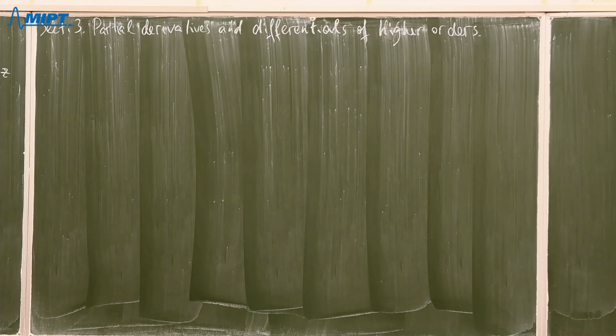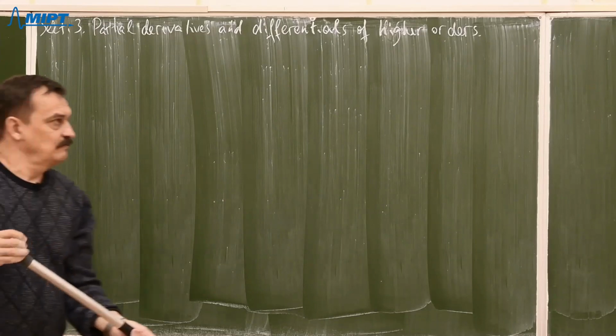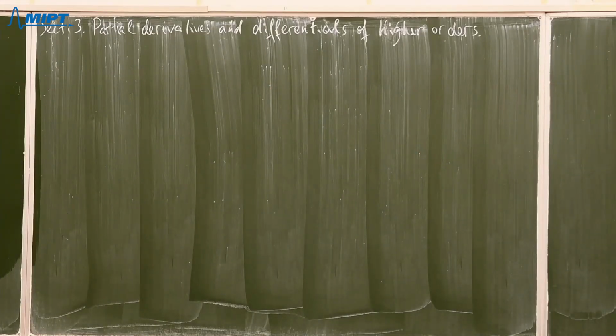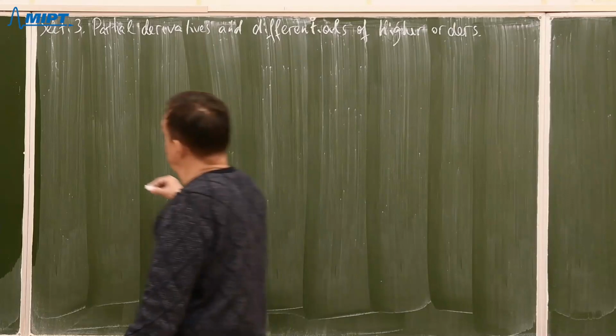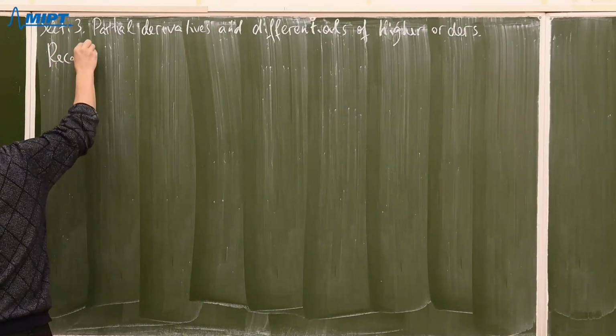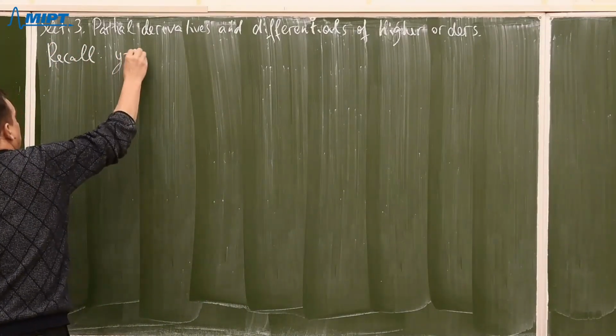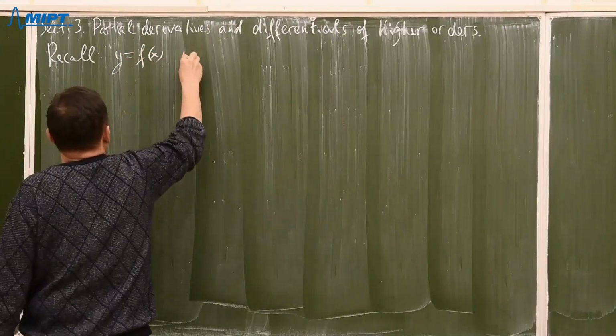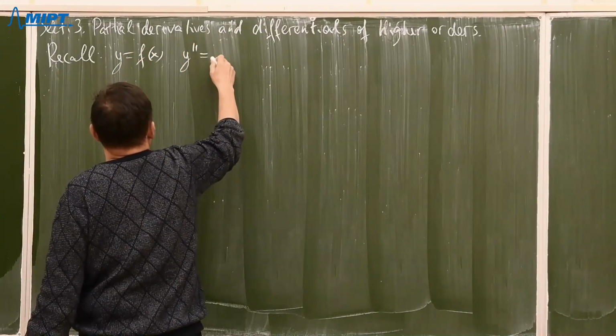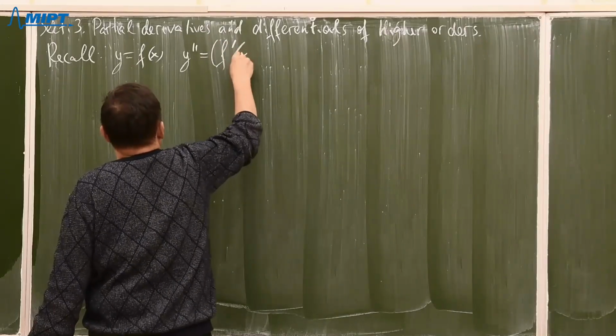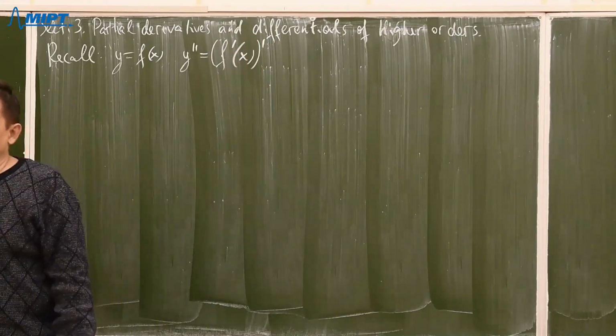So for functions of one variable, recall, if y equals f of x, then y double prime is by definition the derivative of the first derivative, right?